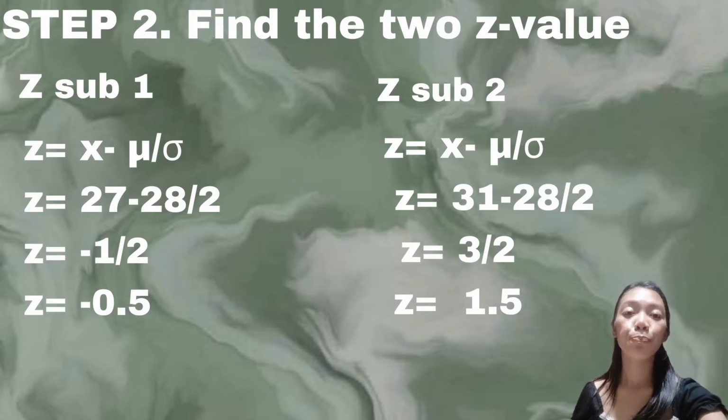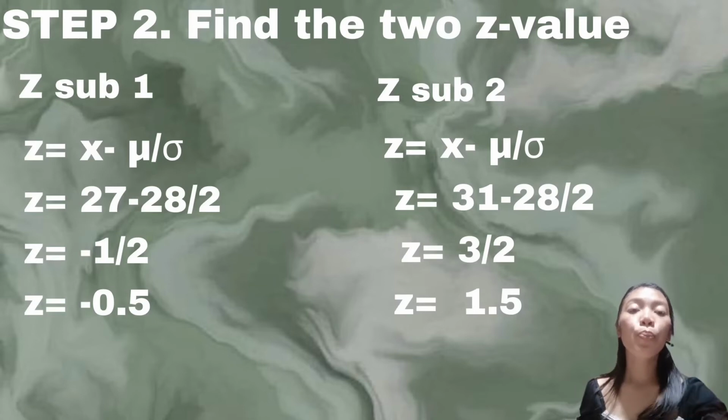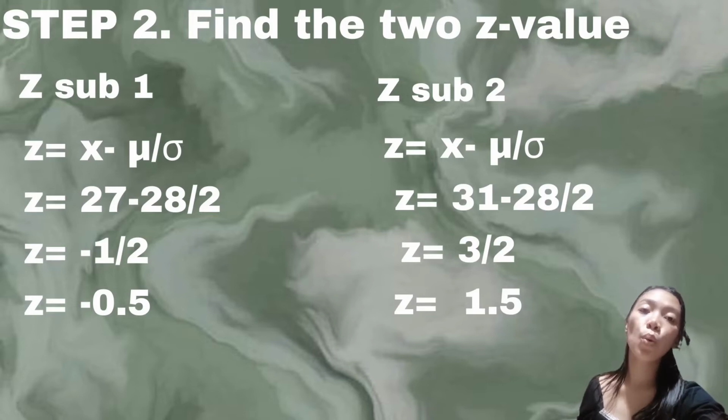So, z sub 1 is equal to negative 0.5, and z sub 2 is 1.5. The steps are the same as what we did in example number 1.